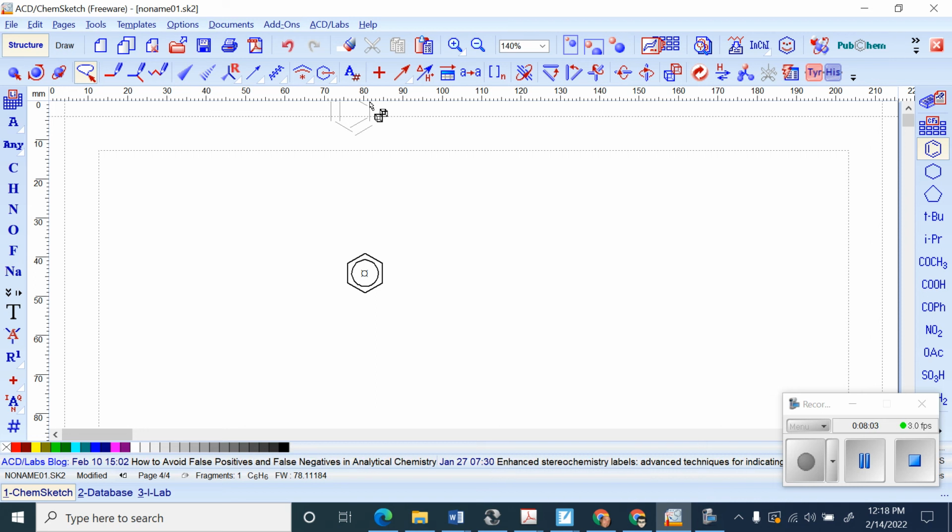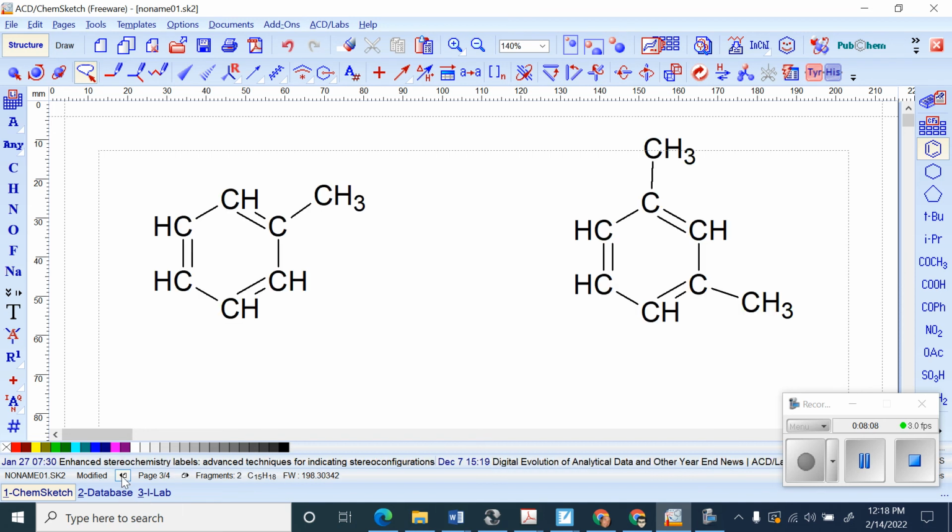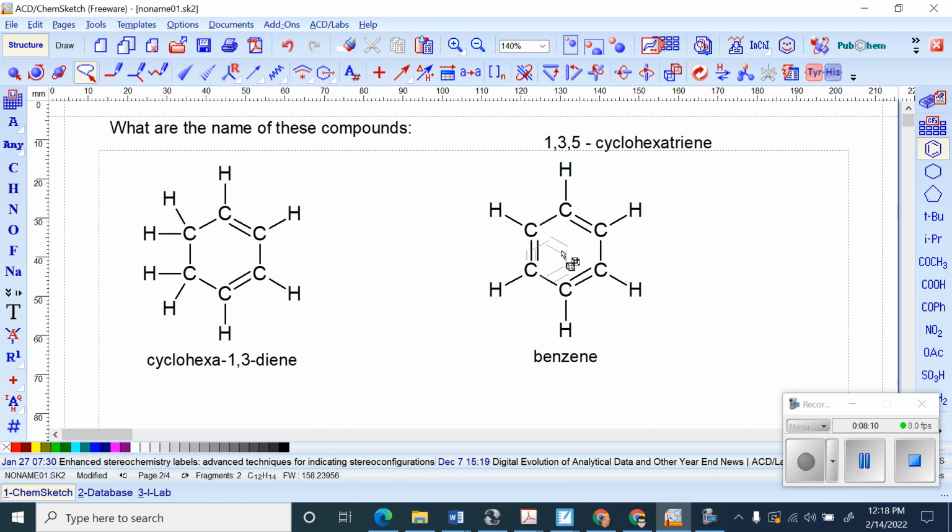You'll see all of those various depictions of benzene: a hexagon with a circle, or a hexagon with 3 alternating dashed lines. All 3 of those are acceptable.